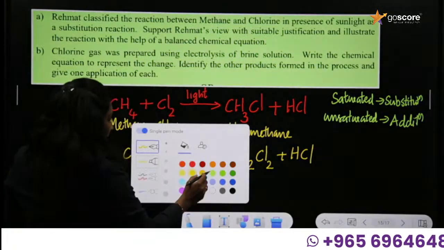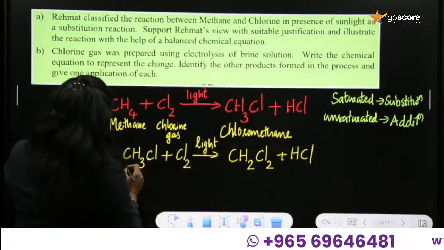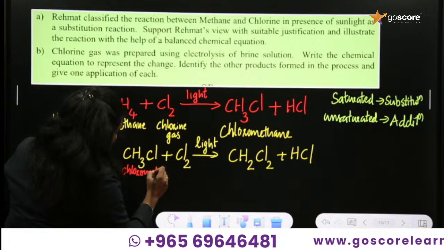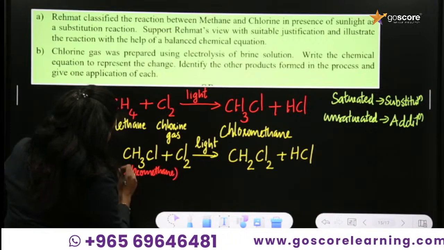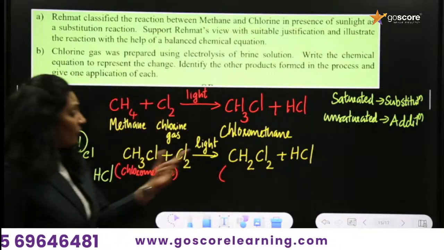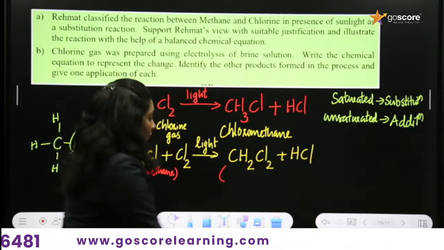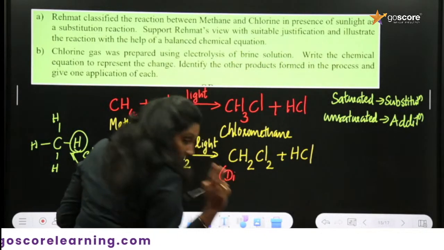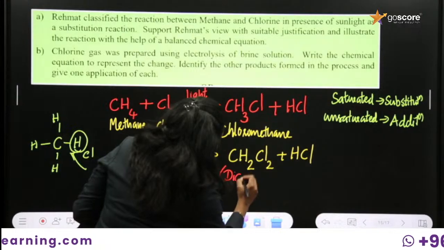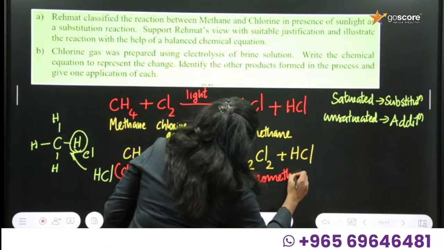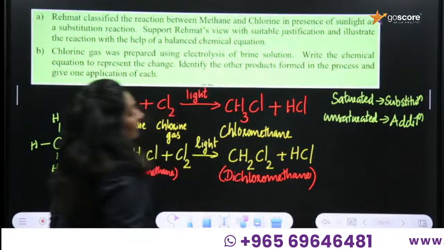And I can write the name of the product. In treating with chlorine gas, what is the CH2Cl2? We have 2 chlorine, right? So it is 2 chlorine, that is di. Di means 2, right? Dichloromethane.